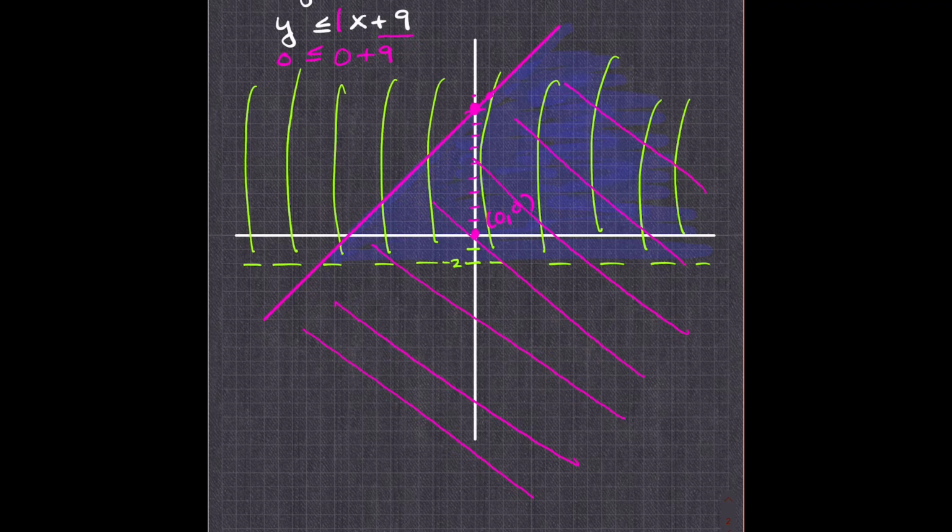Not down there in the pink where there's only pink, and not over there in the green where there's only green, but definitely in this blue area. And we have one boundary that's dashed and another boundary that's solid. So we will find solutions on the solid boundary, but not on the dashed boundary.